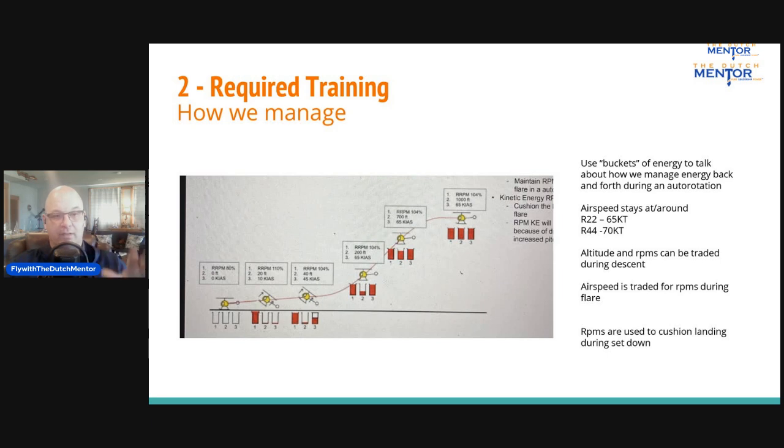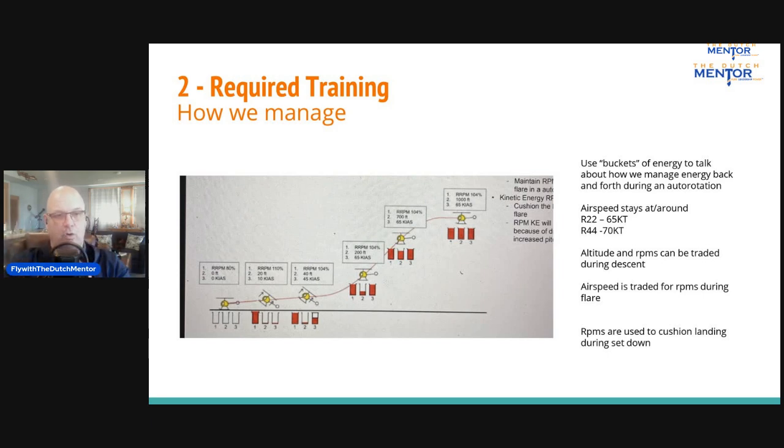So lower the collective by taking out the angle of attack of the blade. Right now we're going from top down to bottom up flow. So that allows us to be able to use the rotor system, essentially speaking, as a parachute. The second part is by maintaining forward speed, right?